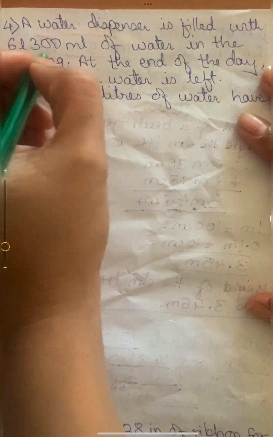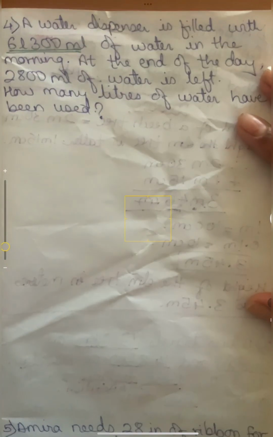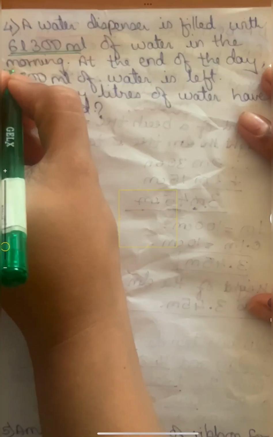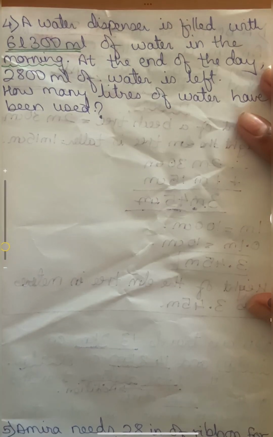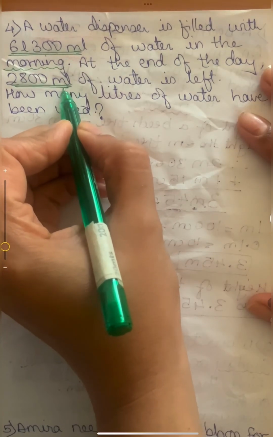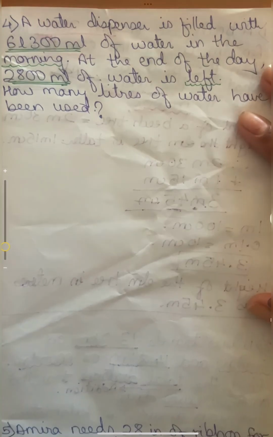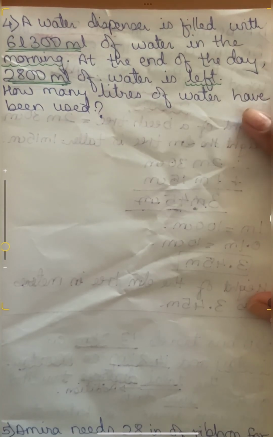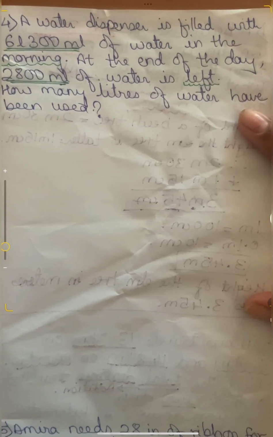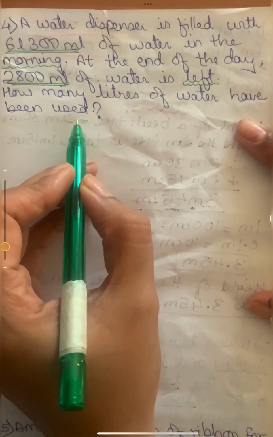The dispenser is filled with 6 liters 300 ml in the morning. At the end of the day, it is 2800 ml of water left. Okay everyone, we have milliliters here. Another keyword that lets me know is "left". How many liters of water have been used?